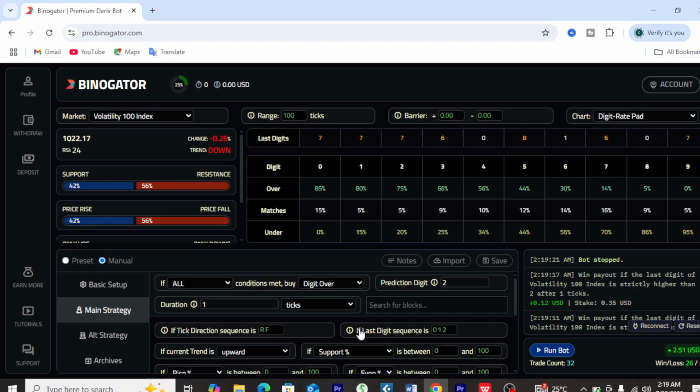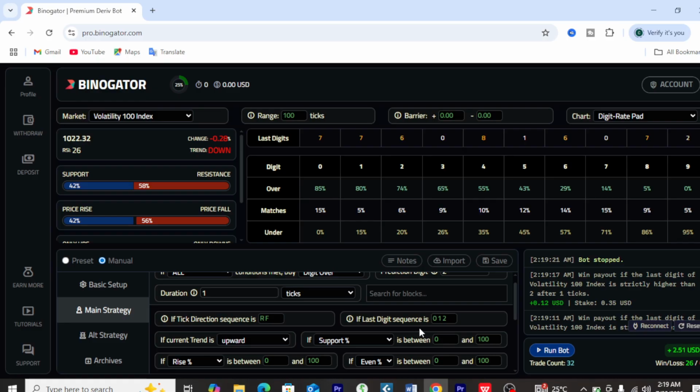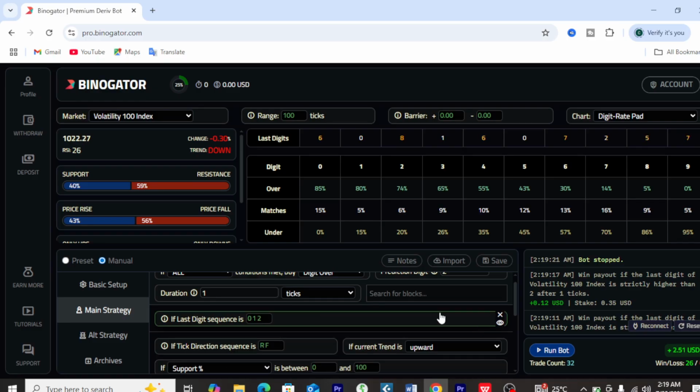There's this block here that says if last digit sequence is 0, 1, 2. So I'm going to click on it. I'm going to say if the last digit sequence is 1.